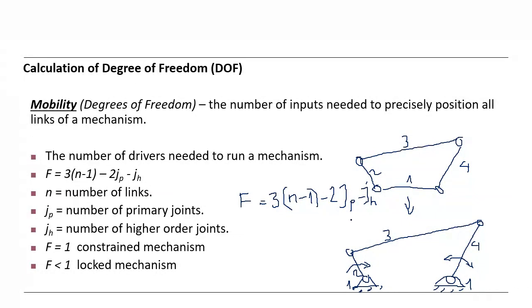So you see here the number of higher order joints, and this is the number of primary joints.